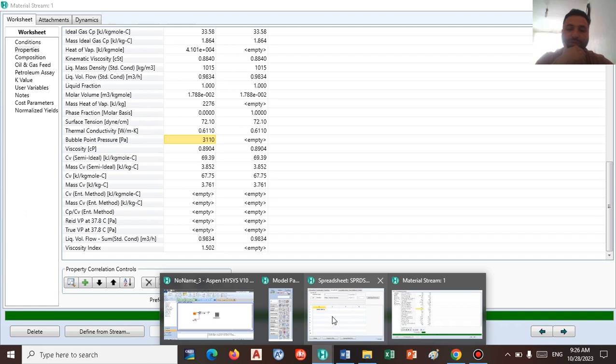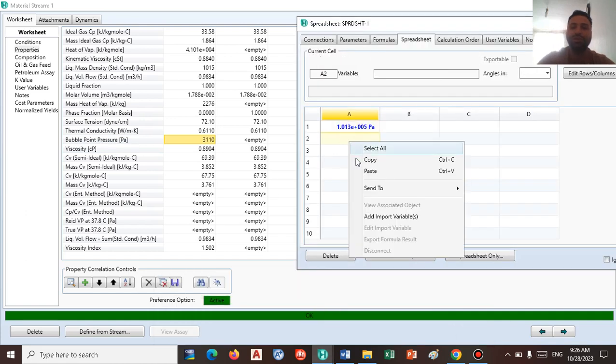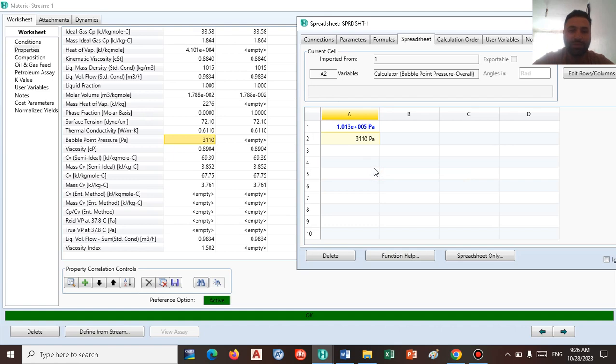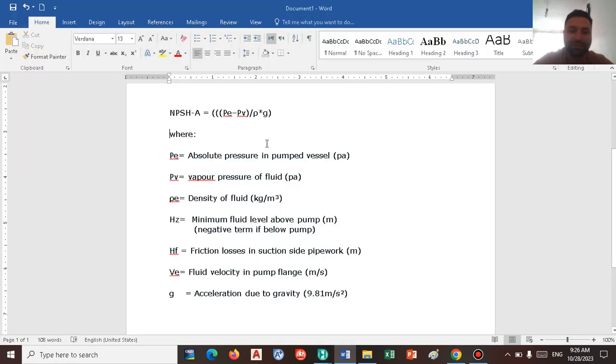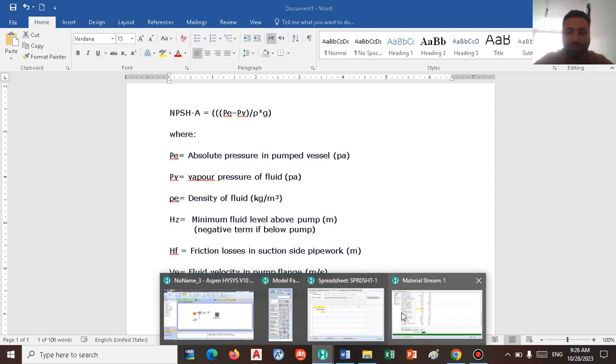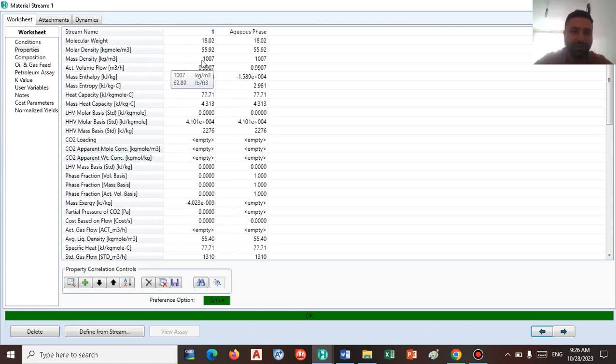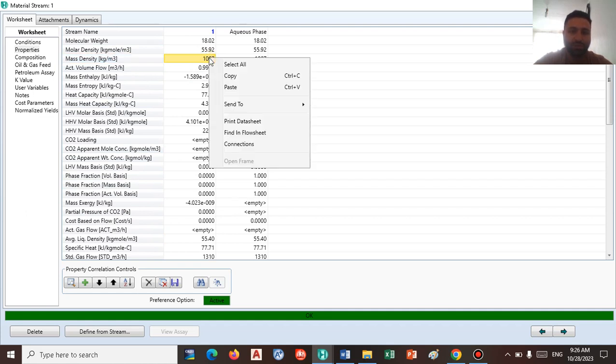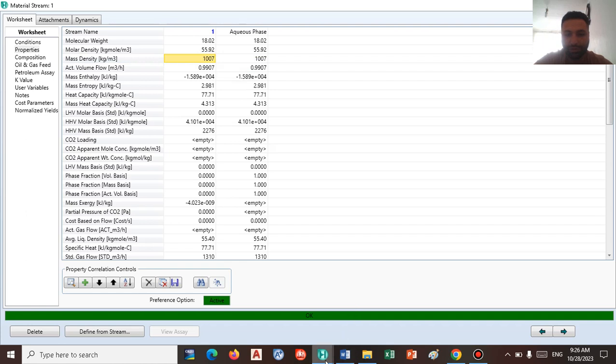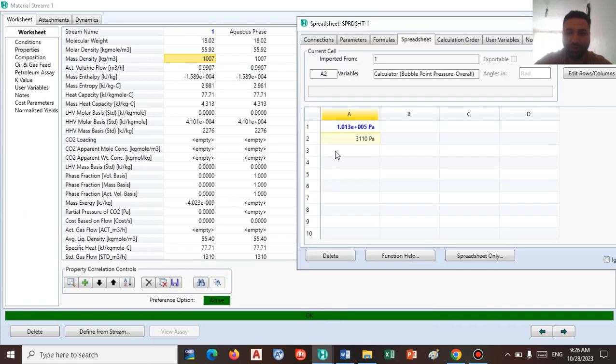Go to the spreadsheet and insert this number too. The last term we need is the mass density in kg per cubic meter. So go to the material stream, to properties, copy the mass density in kg per cubic meter, and insert it in the spreadsheet.